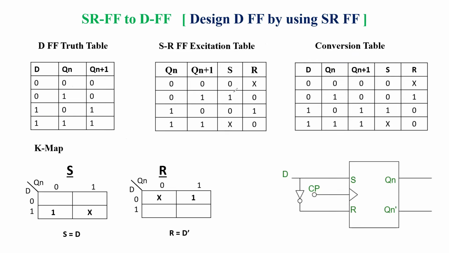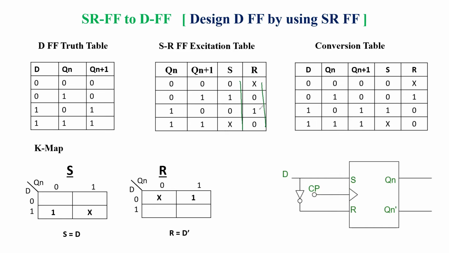Similarly, in case of the excitation table, we already have another lecture on this, where we have seen how to write the excitation table from the truth table for a particular flip-flop. So to remember it, what is the value of S here? 0, 1, 0 and don't care. R is the mirror image of that: don't care, 0, 1, 0.